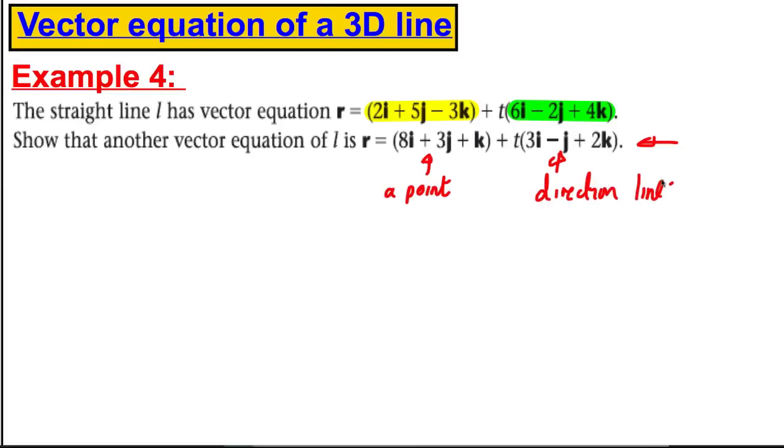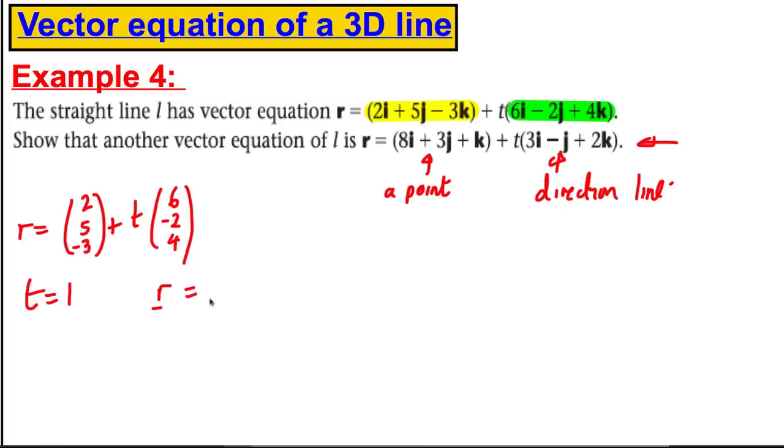Now, using r is equal to 2i plus 5j subtract 3k plus t lots of 6i subtract 2j plus 4k, could I find a t that gets me this point here? Well, look, if I let t equal 1, then r would be equal to (2, 5, -3) plus 1 lot of (6, -2, 4).